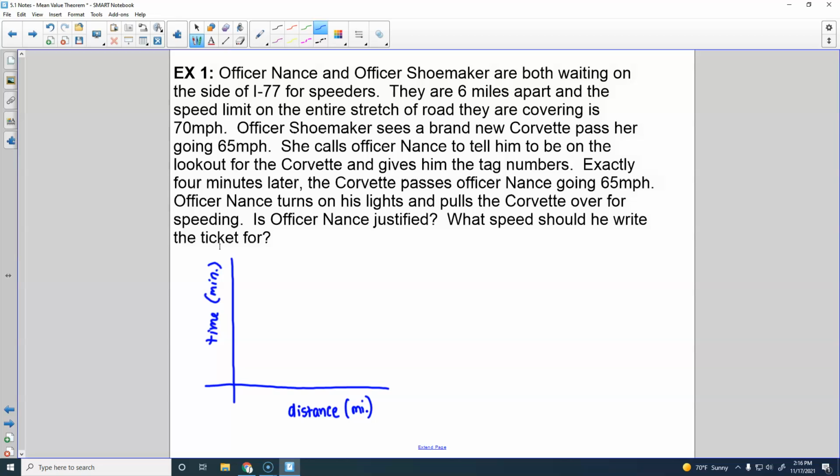So it is easiest to let the point where you pass Officer Shoemaker be just 0, 0. You've traveled 0 miles in 0 minutes there. So the other endpoint here would be at 6 miles. You have traveled, I'm sorry, yeah, 6.